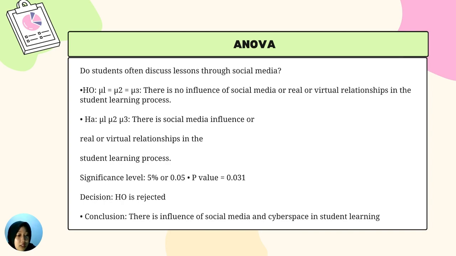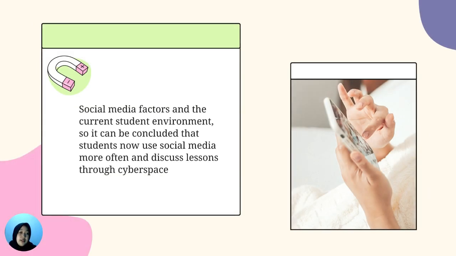The significance level is 5% or 0.05, and the p-value is 0.031, so H0 is rejected, and the conclusion is there is an influence of social media and cyberspace on student learning. Considering the social media factor and the current student environment, it can be concluded that students now use social media more often and discuss, listen, and track in cyberspace.